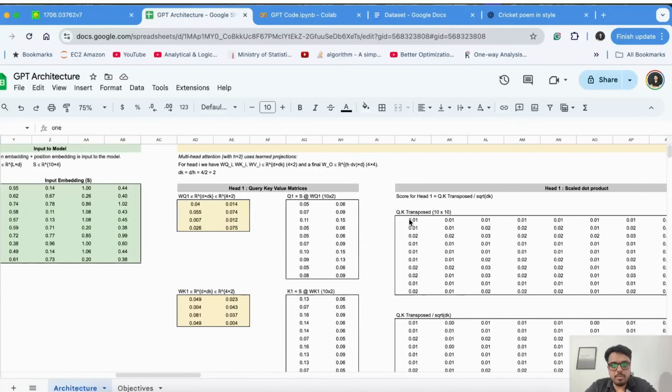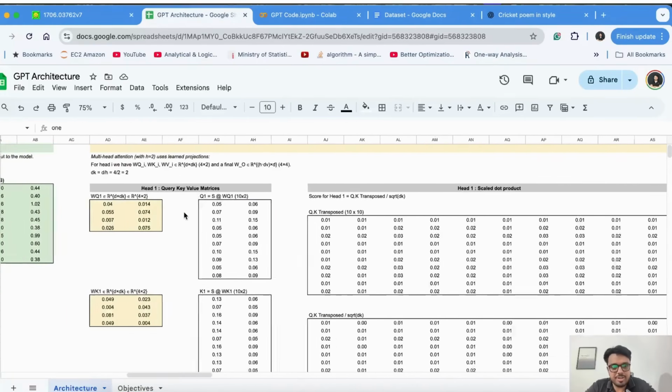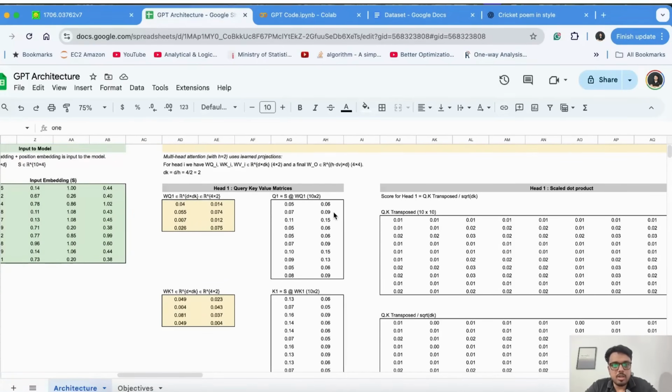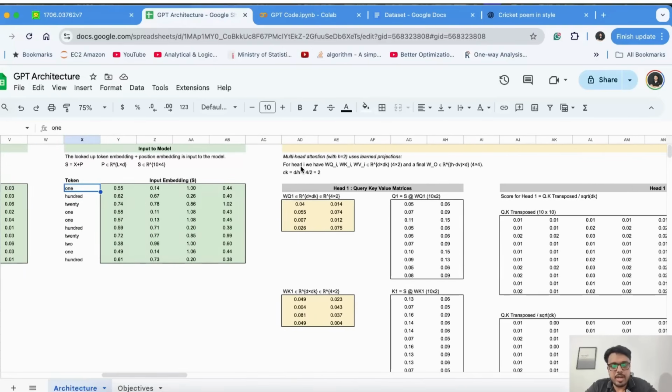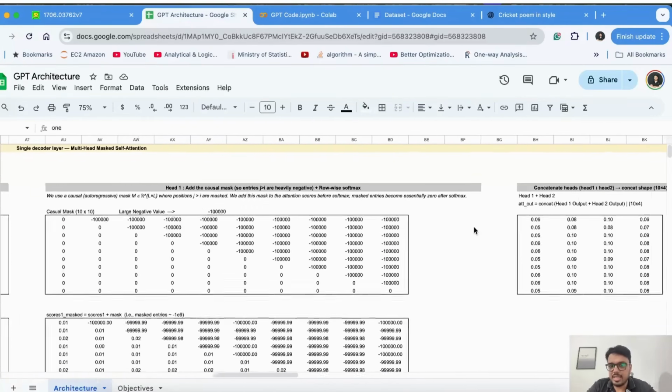So we'll quickly go through how this entire self-attention layer is stacked. First of all, we are going to divide it into 2 heads. Each head will learn some understanding or some relationship between the words. The second head will also learn some relationship between the words, and then finally we will concatenate these heads.